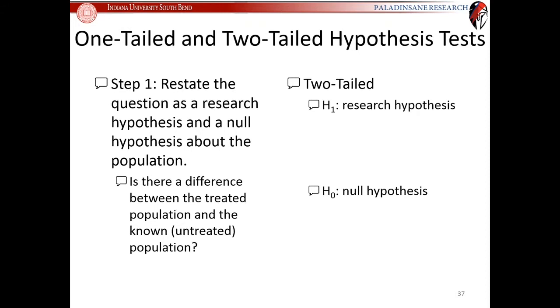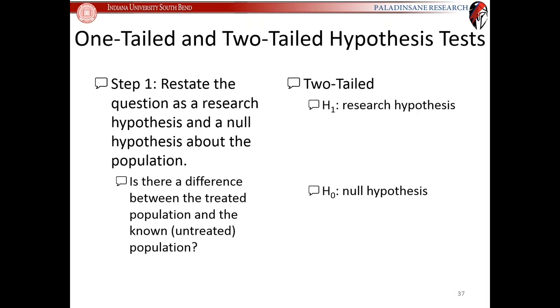Number one, your treated population might be lower than your untreated population. Your treatment causes a decrease. That's possibility number one. Possibility number two is that whatever you're doing causes an increase in the scores.